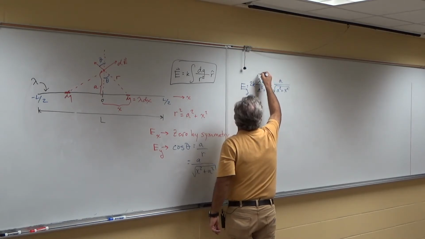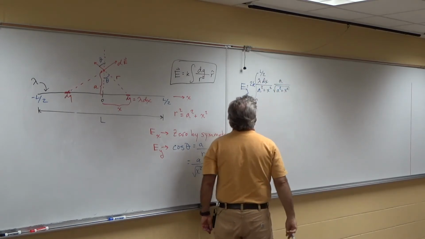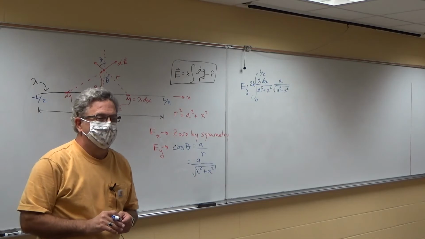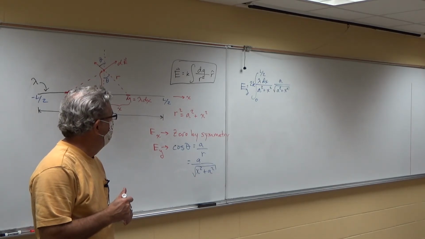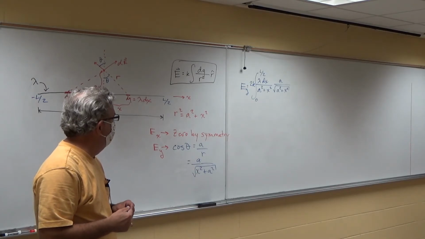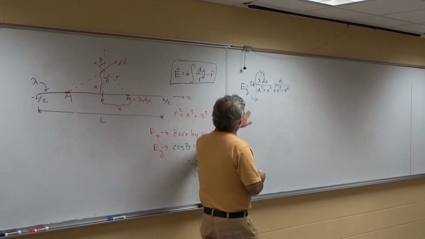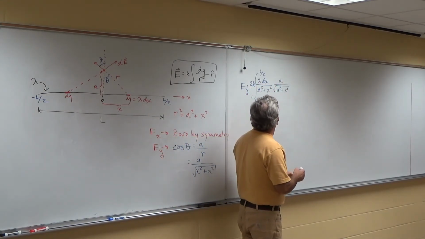And we integrate from 0 to L over 2. So I'll clean that up in a second. Just writing down all the things I figured out. 2k lambda a, all of these are constants, 2k lambda a.